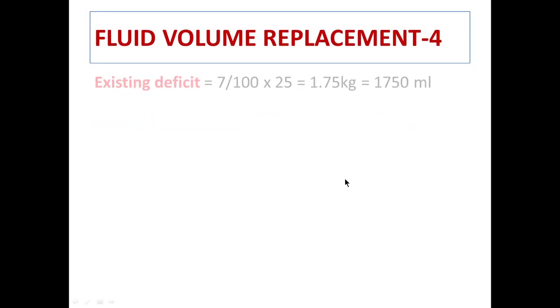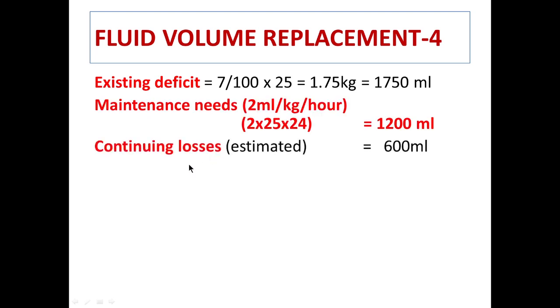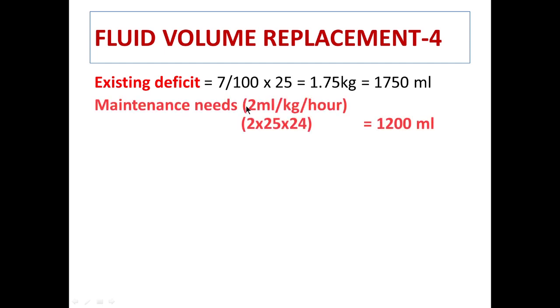So going back to the 25 kg dog with 7% dehydration, if you calculate, the existing deficit will be 1750 milliliters. The continuing losses, which may be due to diarrhea or vomiting, maybe 600 milliliters, and the maintenance needs we will calculate at the rate of 2 milliliters per kg per hour.